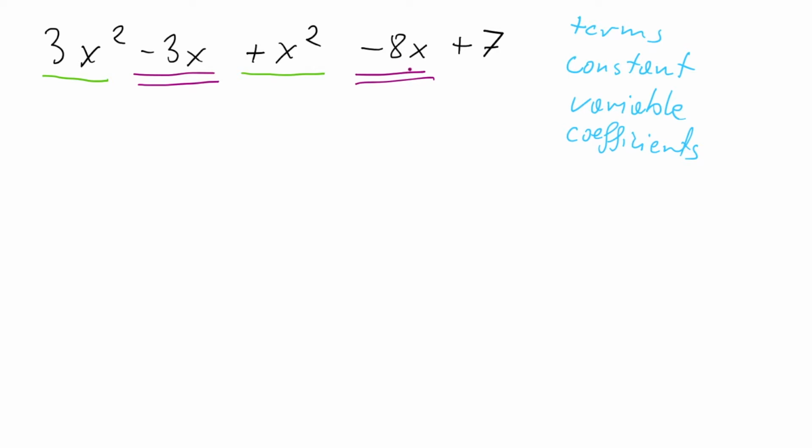And finally, 7, which is our constant. If there was another constant, it would be a like term for 7. To simplify, all we need to do is add like terms together. So 3x squared plus x squared is 4x squared, minus 3x minus 8x is minus 11x, and finally plus 7 remains as is. So this is how we simplify expressions.